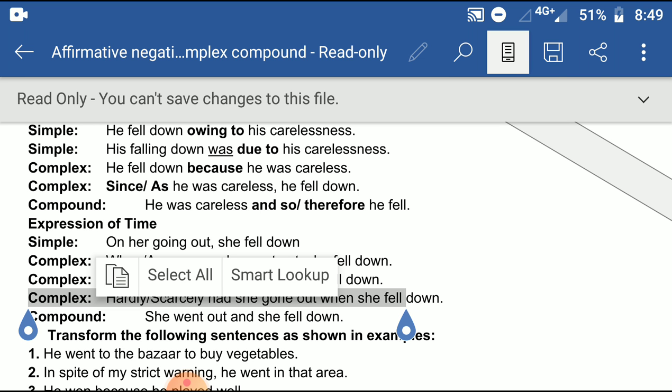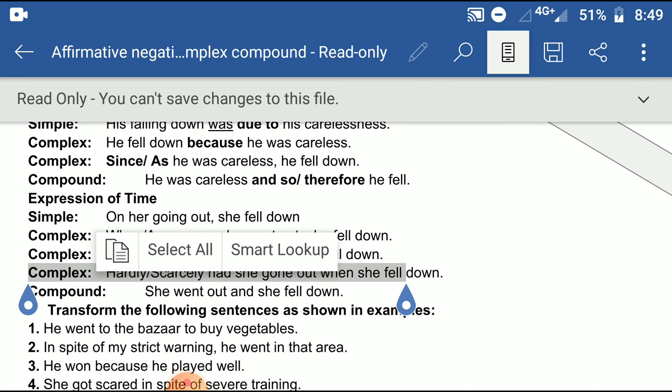So the sentence structure is: he is subject, was is verb, and careless is adjective. Now in because and since or as, there isn't much difference. The only change is we begin a sentence with since or as, because there we are emphasizing the reason.